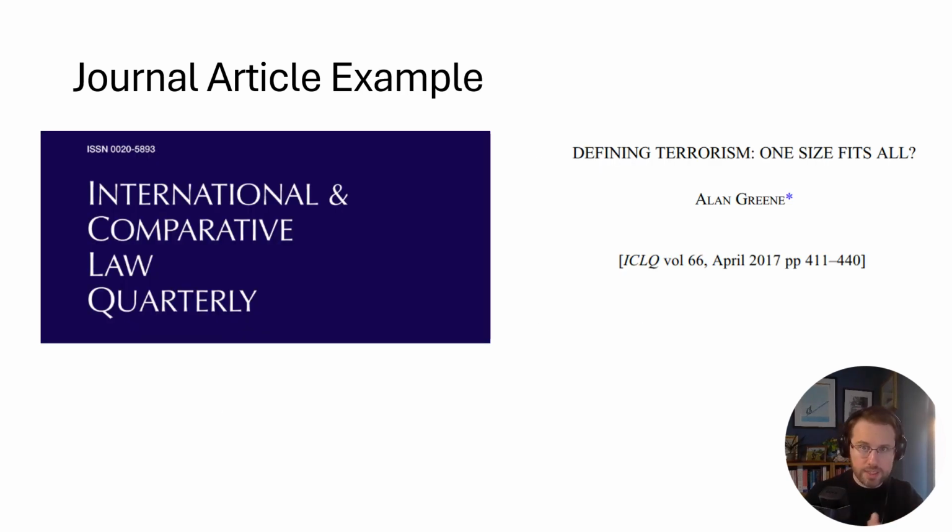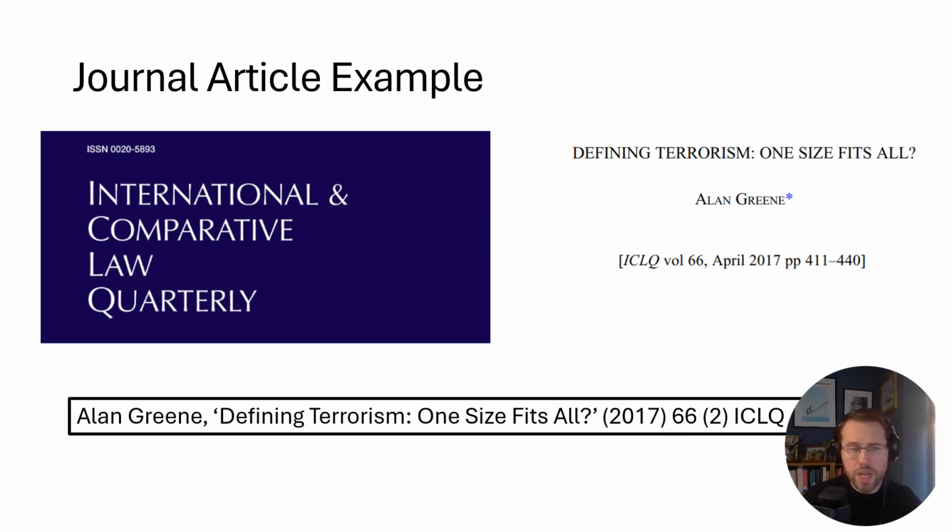So again, to give you an example from one of my pieces of work, this is Defining Terrorism, One Size Fits All, in the International and Comparative Law Quarterly, in the year 2017, volume 66 in April. So the way you would cite that is the name, then the article title inside inverted commas, and then the year inside round brackets, volume 66, and the second issue because it's from April.